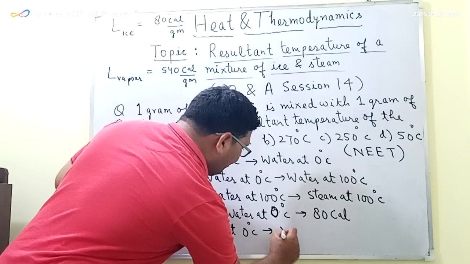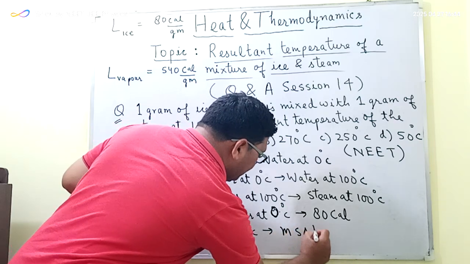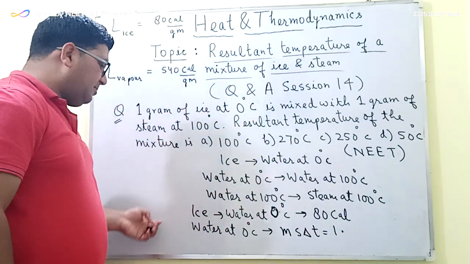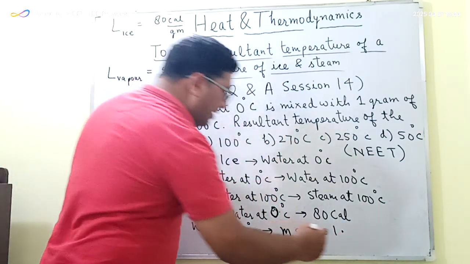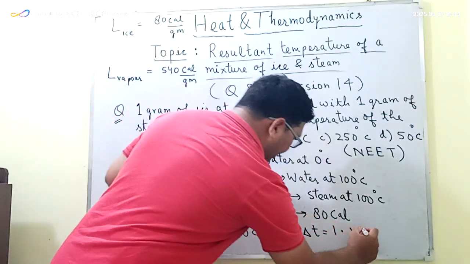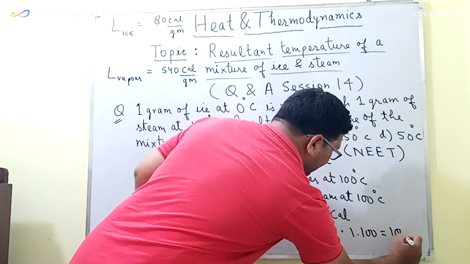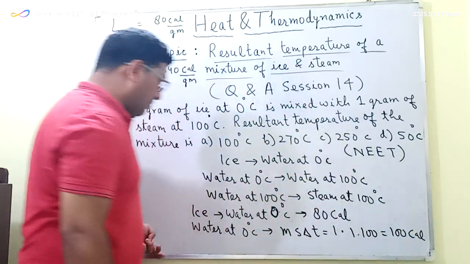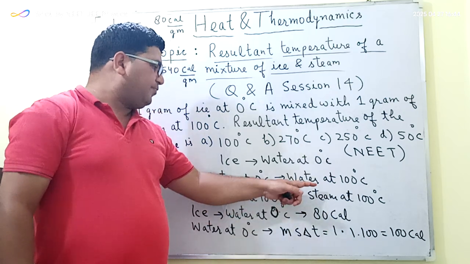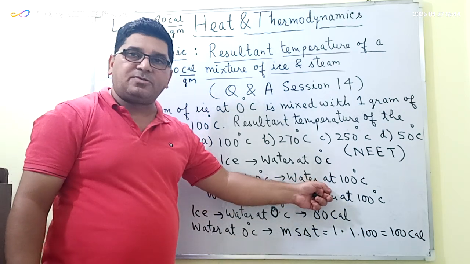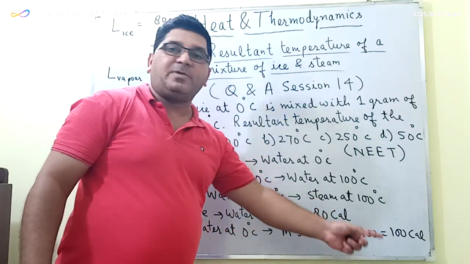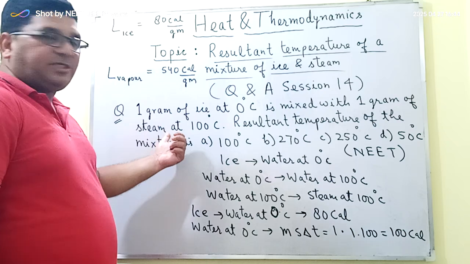So that is given by the formula, that is m s delta T. Here mass is equal to 1 gram. The specific heat of water is equal to 1 calorie per gram degree centigrade. So this is equal to 1, and delta T is equal to 100. So again here 100 calories of heat energy will be absorbed by this water at 0 degree centigrade in order to raise its temperature to 100 degrees centigrade, and this is the amount of heat energy which will be absorbed from the steam.